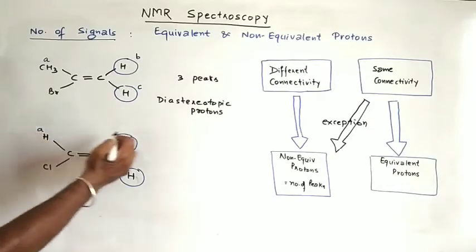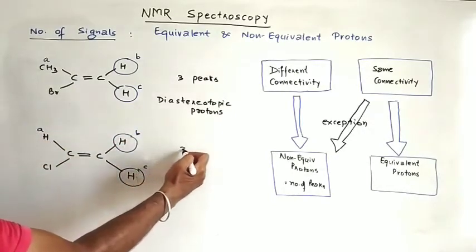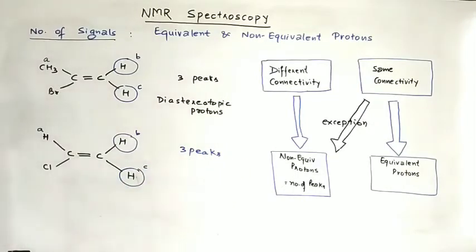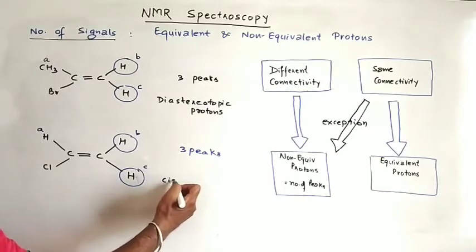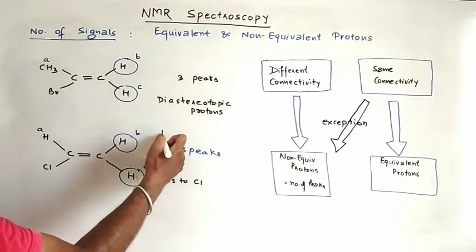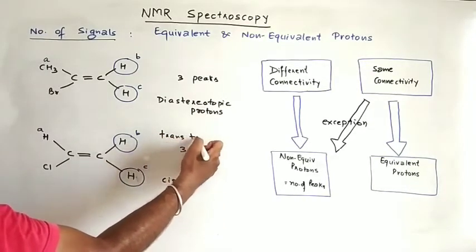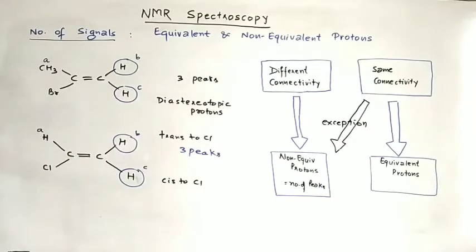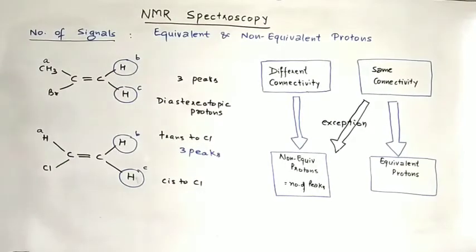So it will give 1, 2, 3 peaks. How will you distinguish B and C? This is cis to chlorine. This is trans to chlorine. That's why they are non-equivalent. Their connectivity is the same, but there is an exception that some molecules' connectivity may be the same, but the protons are non-equivalent.